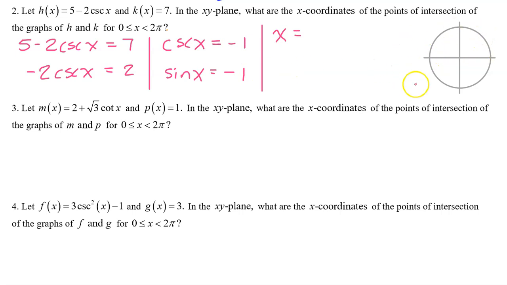On the unit circle, sine is the y value, and the y values are equal to 0 here, positive 1 up here, back to 0 here, and negative 1 down here. So the sine of 3 pi over 2 is negative 1. So that's the solution. And this is the x-coordinate of the only intersection point.